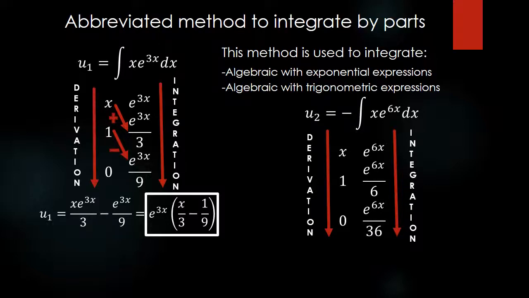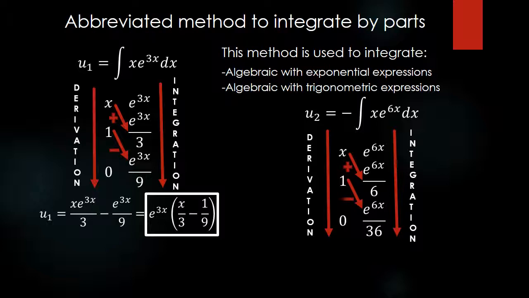Then we integrate the exponential 2 times, the same times we derived, and we start with the multiplication. x multiplied by e to the 6x over 6. Then we put a minus, and we multiply 1 by e to the 6x over 36.